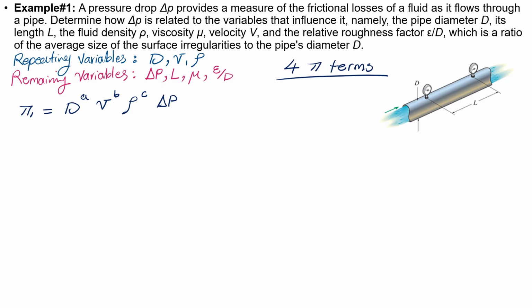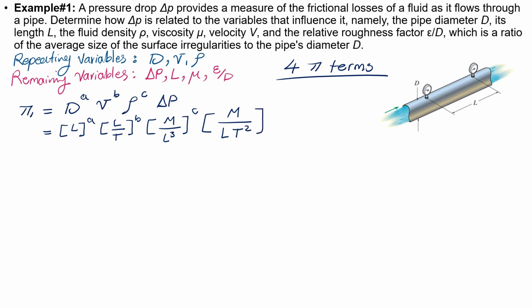Okay. Then the next step is to write down their dimensions. So it would be length to the power a, length divided by time to power b, mass divided by length to the power 3, everything to power c, and then dimensions of pressure is mass divided by length times time to the power 2. All right, let's write everything in terms of mass, length, and time.